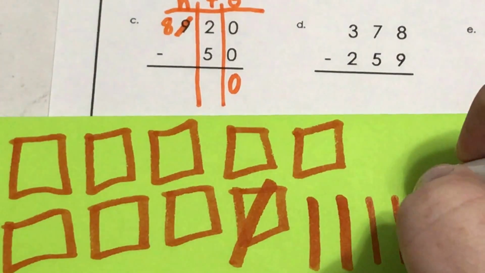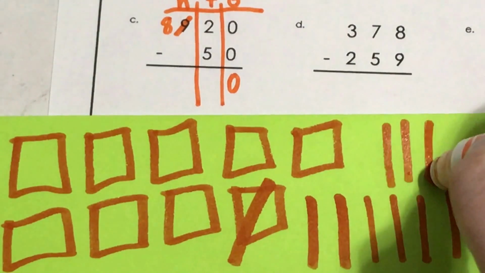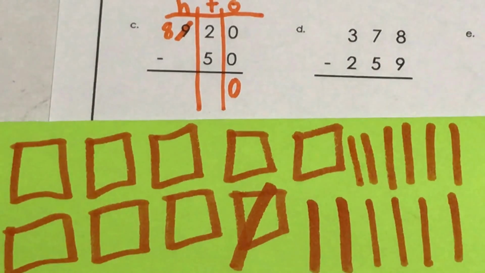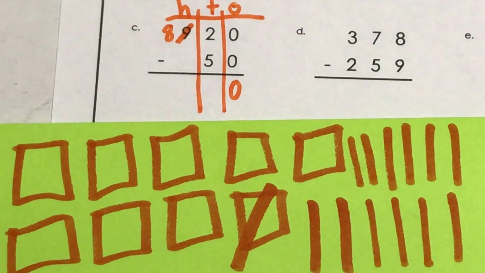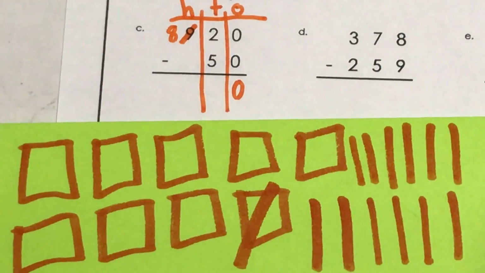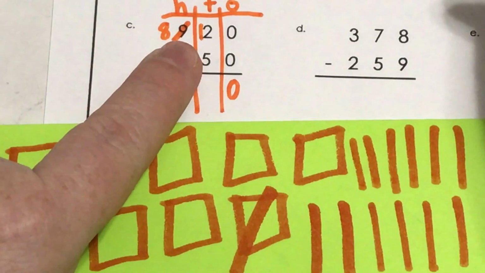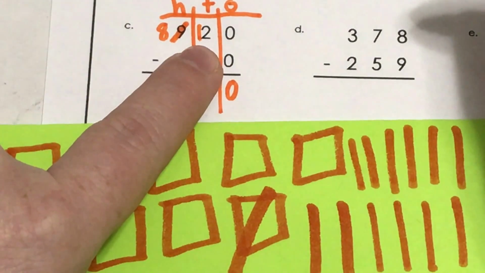1, 2, 3, 4, 5, 6, 7, 8, 9, 10. 10 groups of 10. Well, I already had 2 groups of 10. So 10 groups of 10 plus 2 groups of 10 makes 12. So instead of having 900s and 2 10s, now I have 800s and 12 10s.